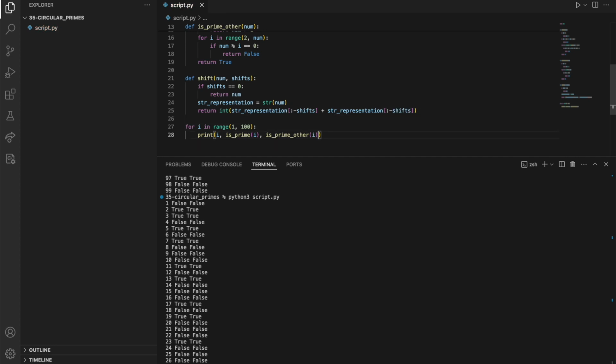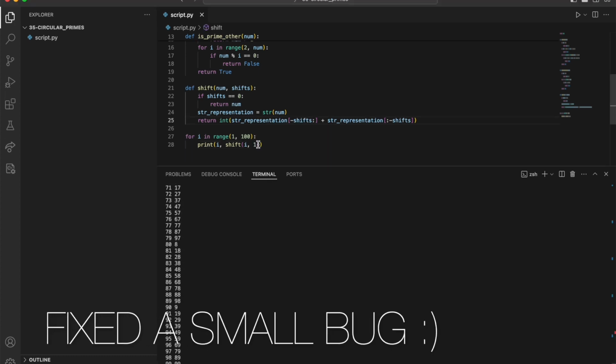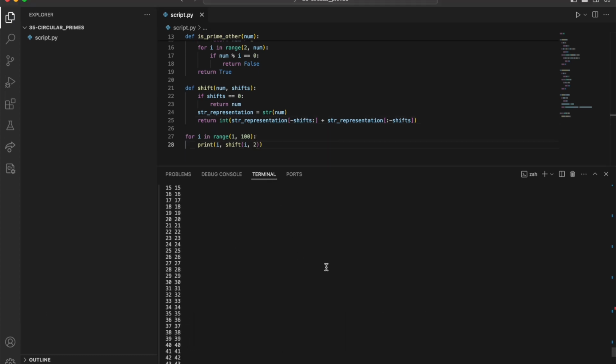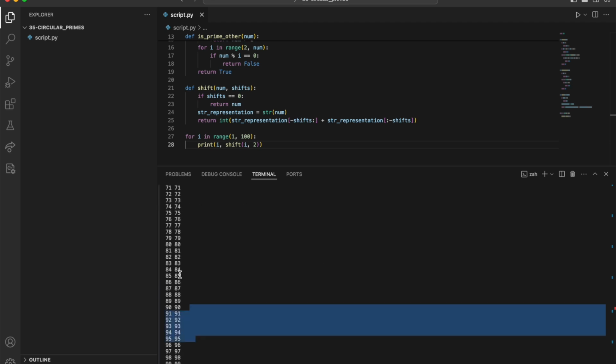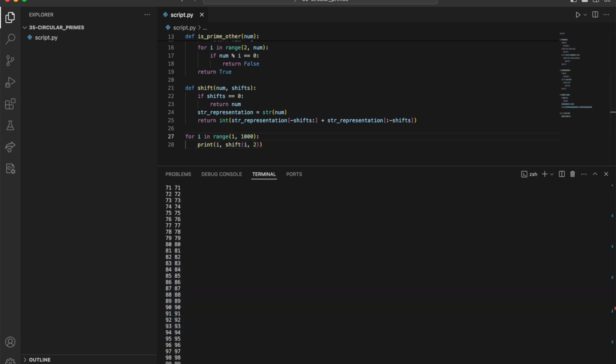So we can test that again. We can just say I shift I 0. That was pretty good. And then twice. I don't think that'll work. Oh, I guess it works. Okay, twice. Well, these are 2-digit numbers, so let's go up to 1000. Okay, so this shifted twice. We'll go back one and then here. Okay, that's nice. Let's go.